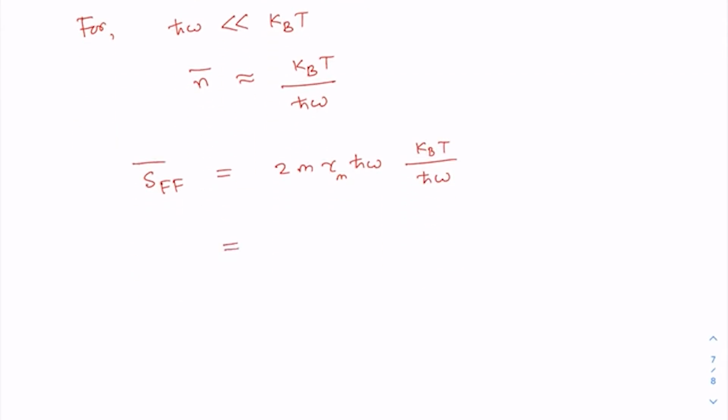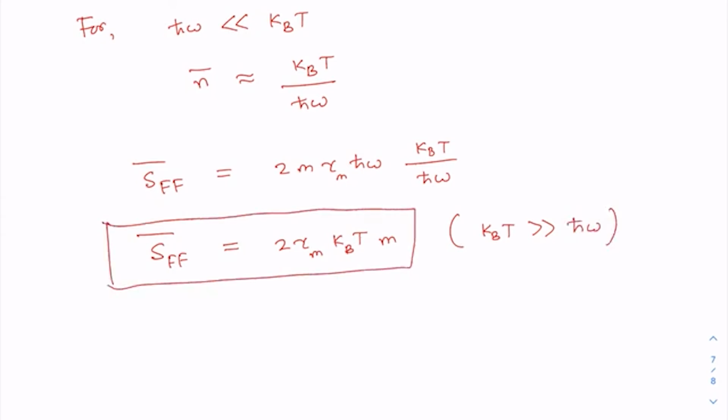So what I will have here is twice gamma m kBT, okay, into m is also there. So this is what I have at very high temperature. That means when kBT is much greater than h cross omega.